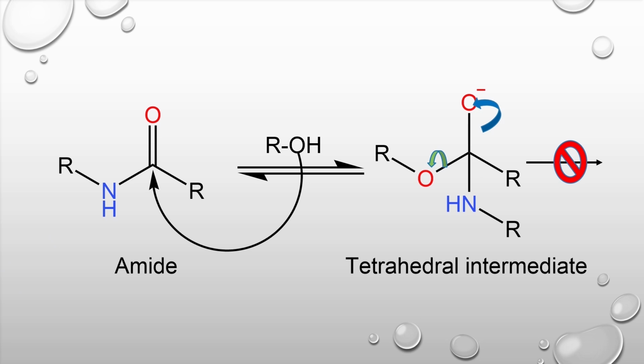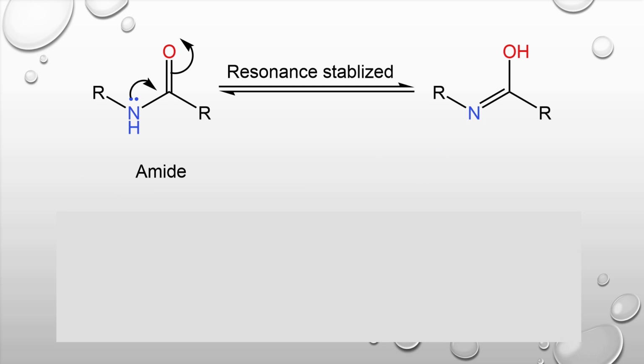If we try to react an amide with an alcohol, the reaction will not proceed because in the amide the carbonyl group is not very electrophilic, and the alcohol is not nucleophilic enough to react with the amide carbon. In an amide, the nitrogen atom attached to the carbonyl carbon provides its lone pair of electrons for conjugation, which results in the formation of two resonance structures.